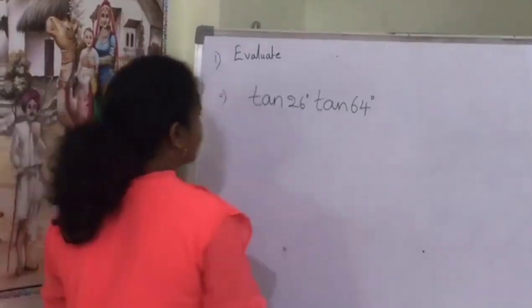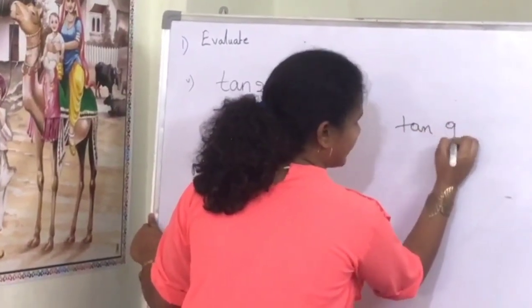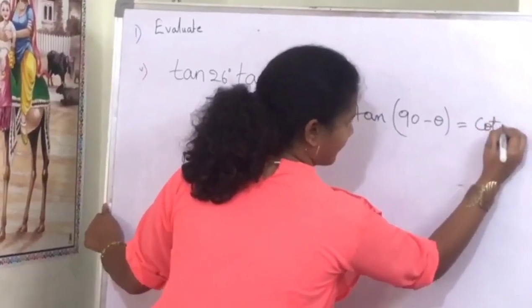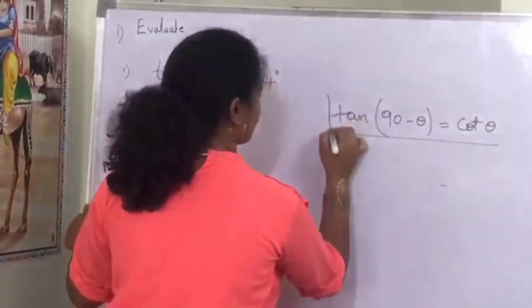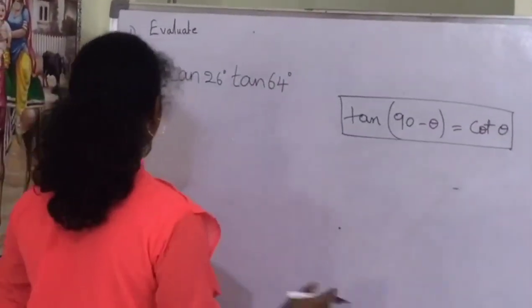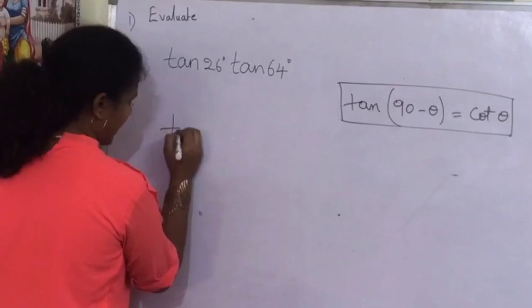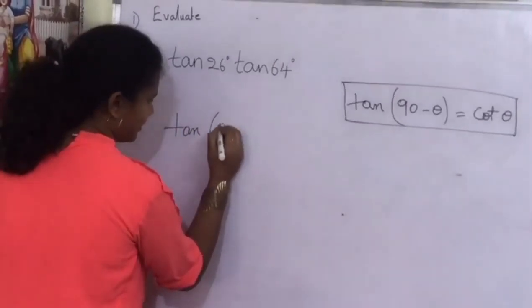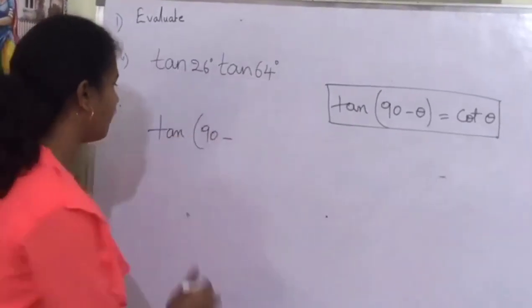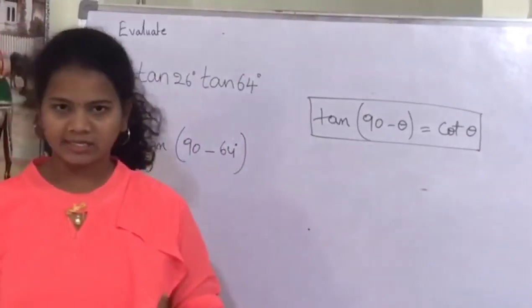Now here let's convert tan 26 by using tan 90 minus theta gives what? Cot theta. Okay. Alright, by using this, here we can solve like tan 90 minus 64 degrees, where 90 minus 64 gives us what? 26 degrees, right?